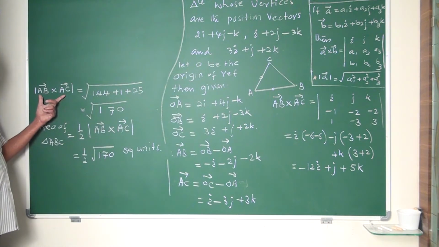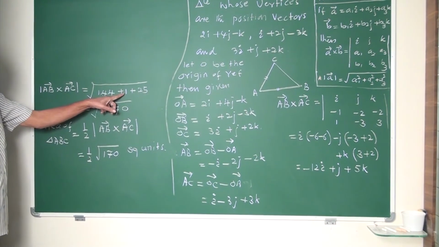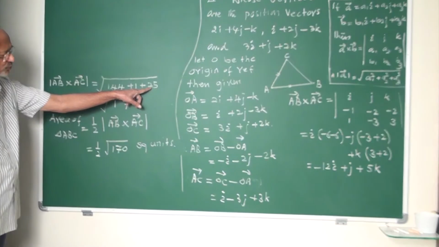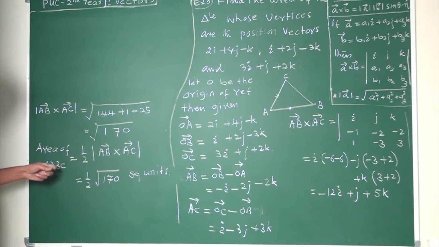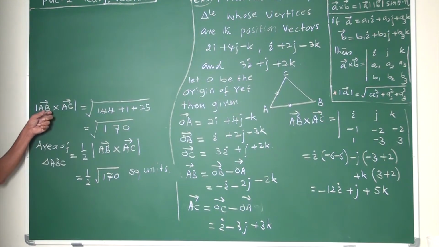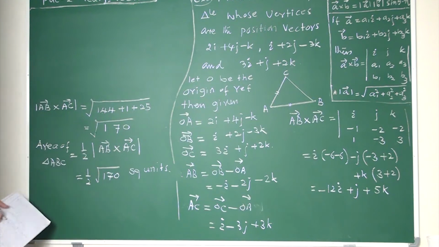Magnitude of AB cross AC: 12 square plus 1 square plus 5 square. If you add it, it is 170. Now by the formula, area of the triangle ABC is half the magnitude of this. Substituting gives square units.